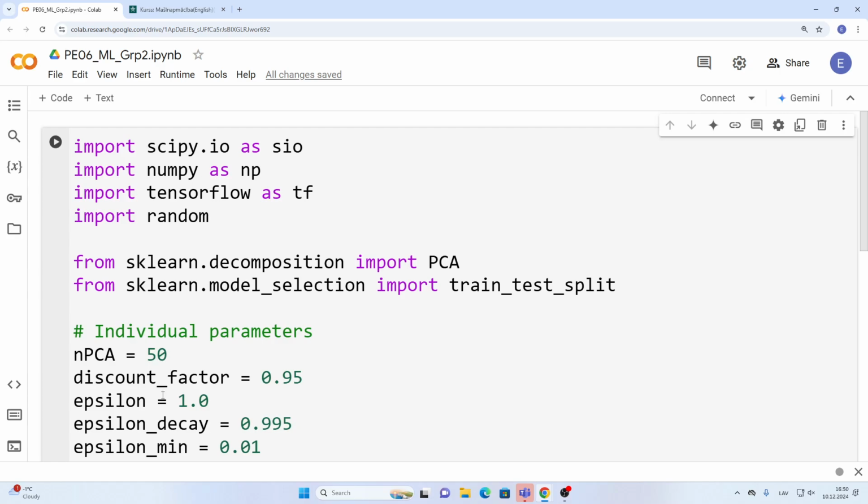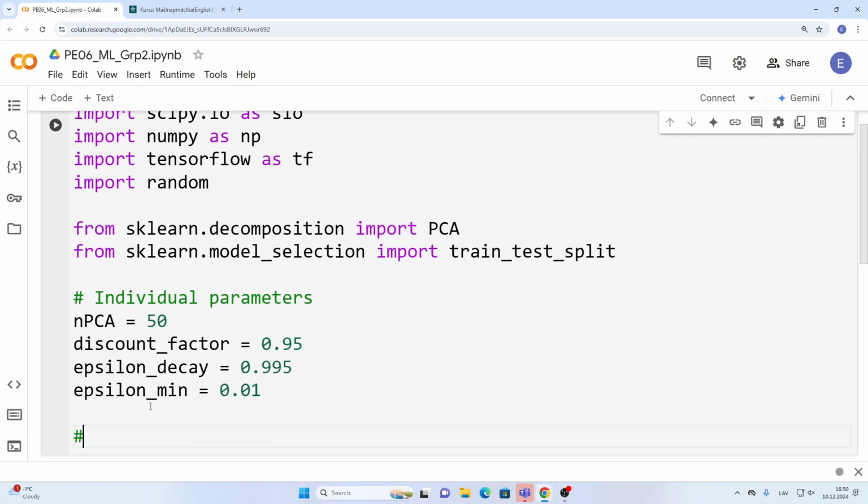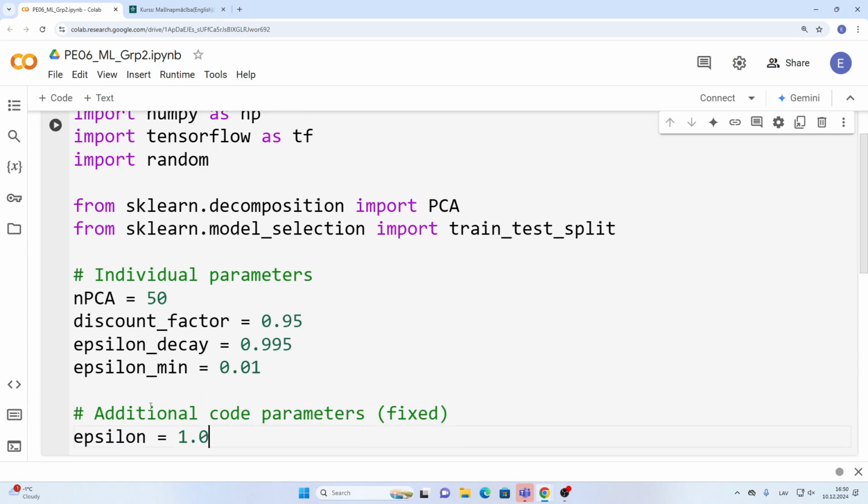Now, epsilon is not exactly an individual parameter. Let's specify some additional code parameters. So that is epsilon, which is in a sense a probability for the epsilon greedy strategy.